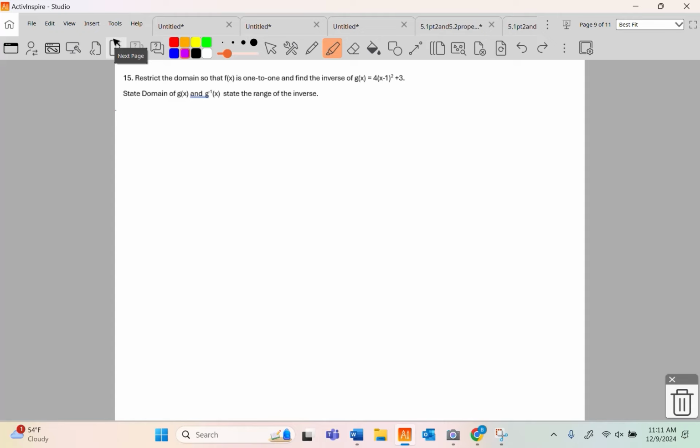Restrict the domain so that f of x is 1 to 1 and find the inverse of g of x. So again, first off is your domain, restrict the domain. This guy is right 1, up 3, and it's a parabola. And we throw away this piece right here. So the domain goes from 1 to infinity. First thing we do, find the domain.